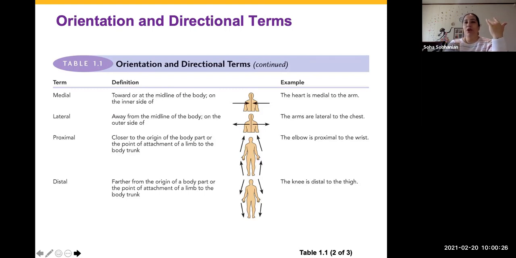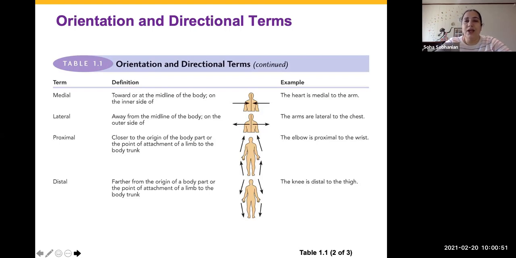So when I'm looking at this, my wrist is closer to my elbow than my fingers are. So my fingers are distal compared to my wrist, or my wrist is proximal to my fingers, because the wrist is closer to the point of attachment.